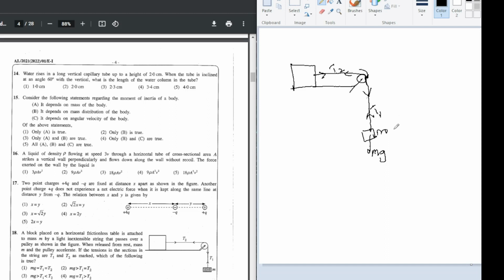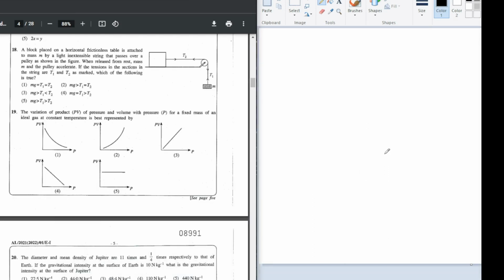Answer is 5. That is, mg must be larger than T1, and to accelerate the pulley in this direction, that is clockwise direction, T1 should be greater than T2. Answer is 5.